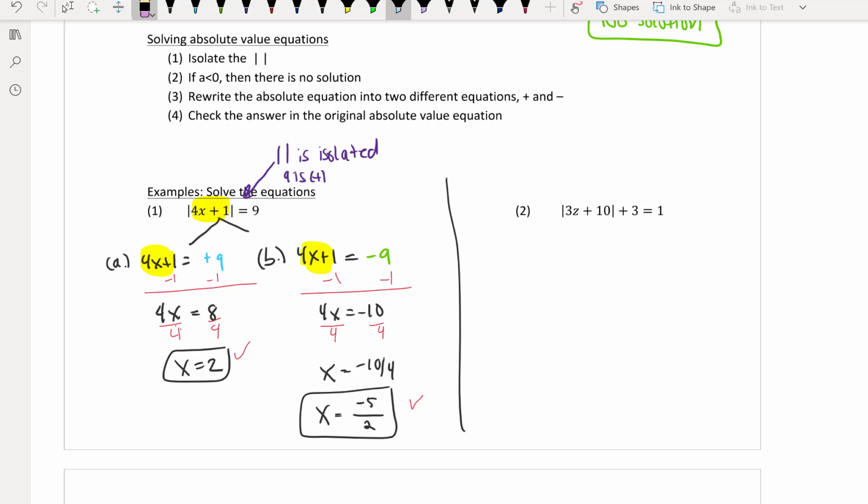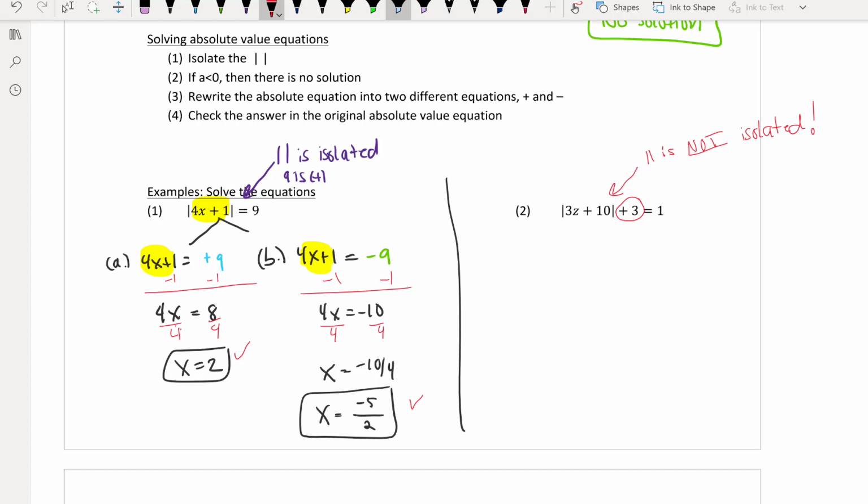Okay, we're going to do the exact same process for example number 2. So for this one, remember the first step, isolate the absolute value. Well, this absolute value is not isolated. And the reason why is because you have that plus 3.